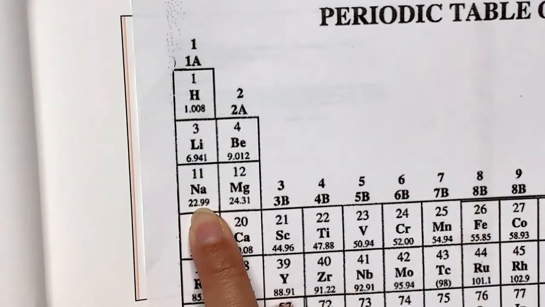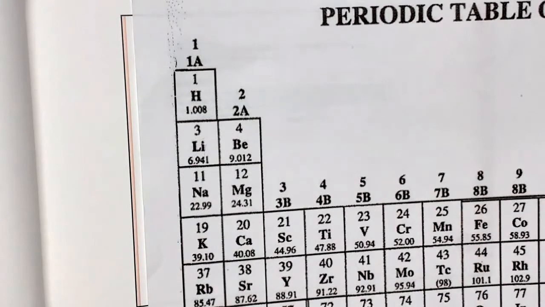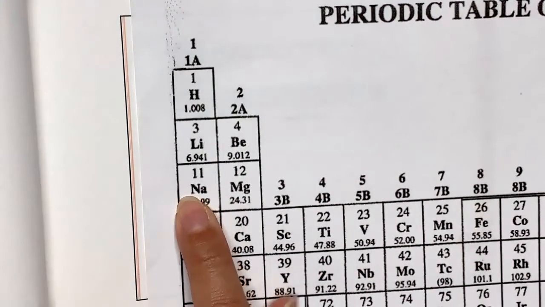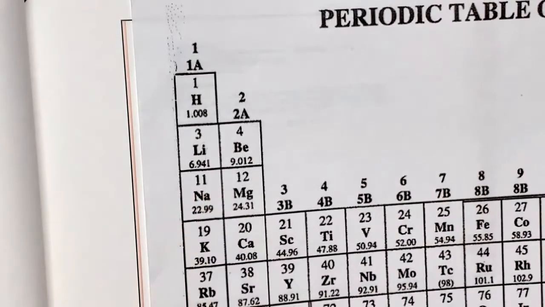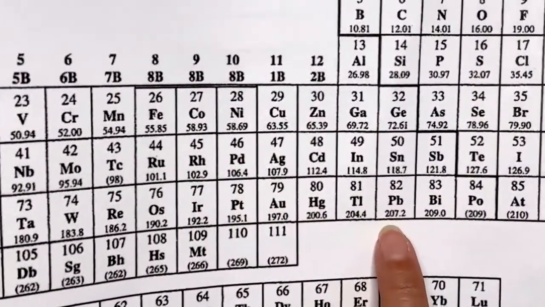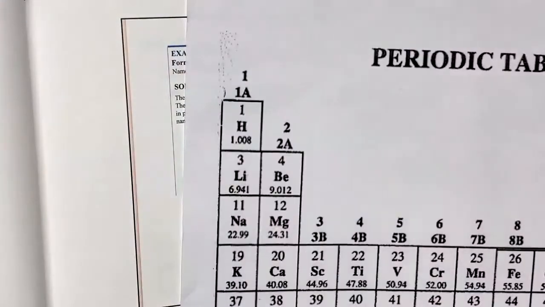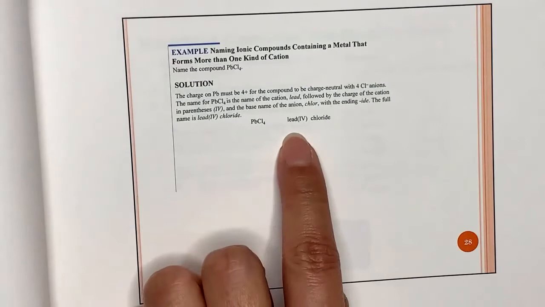Somehow along the way, names got changed, and they never changed the symbol. So now you just have to remember sodium is Na, and really the old name was natrium. Okay, so just want to clarify a little bit. This guy over here in our periodic table, this one's lead, okay? Lead(IV) chloride.